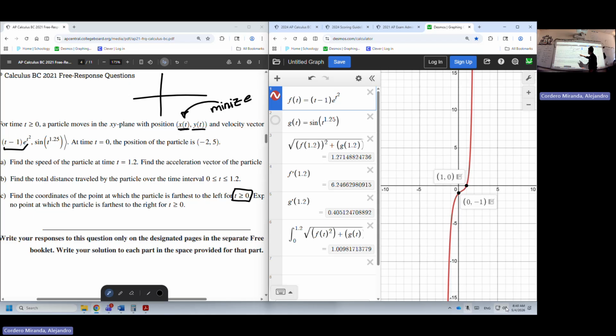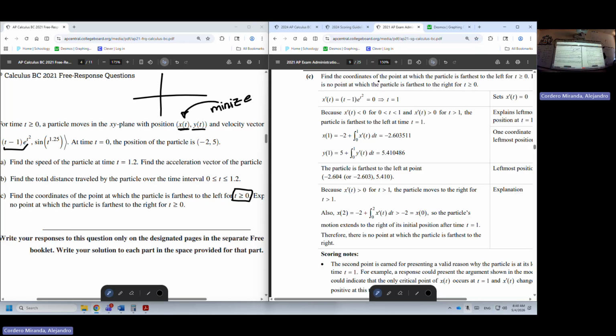Start right here plus accumulate from 0 to 1, the integral of these two functions. And to save ourselves all that work, here's them doing it. There's their start plus accumulation, and so they get this point is furthest to the left.